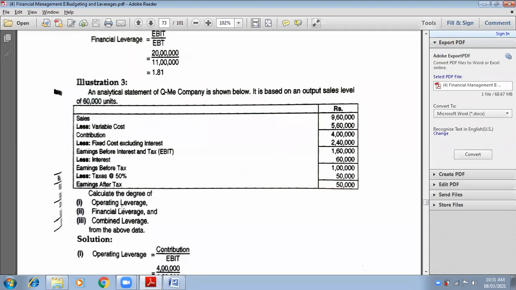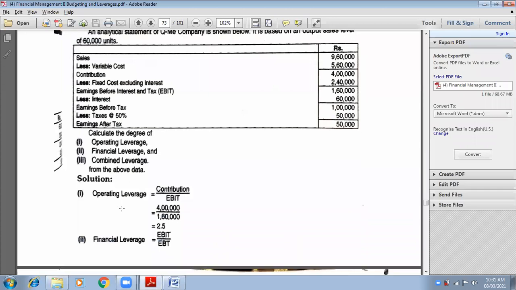So shall we begin? First of all, just give me 2 minutes to explain. Degree of operating leverage, DOL, you need to write the full form. Degree of operating leverage is contribution upon EBIT. EBIT short form is not allowed in the question paper.